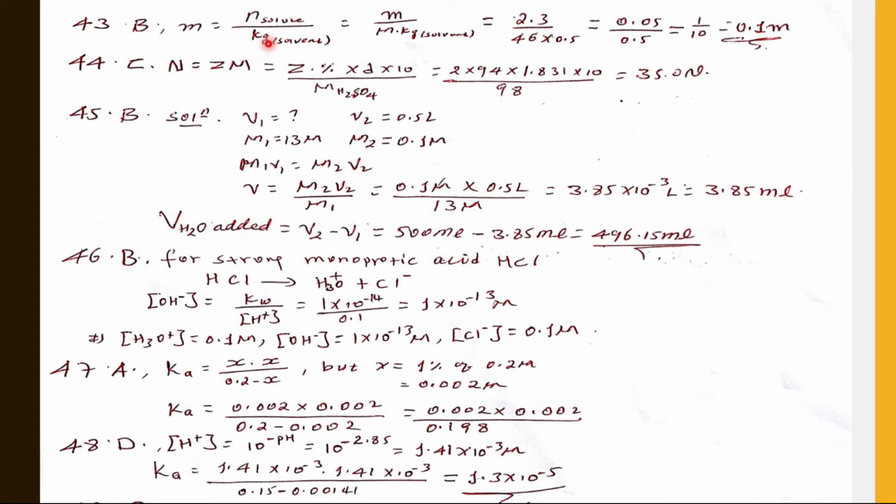of solvent, which is equal to small m over capital M times kilogram of solvent. small m ማለት given mass ነው። capital M ደግሞ molar mass ማለታችን ነው። That is 2.3 over 46 times 0.5, that is 0.05 over 0.5, 1 over 10, and the answer becomes 0.1 molar.